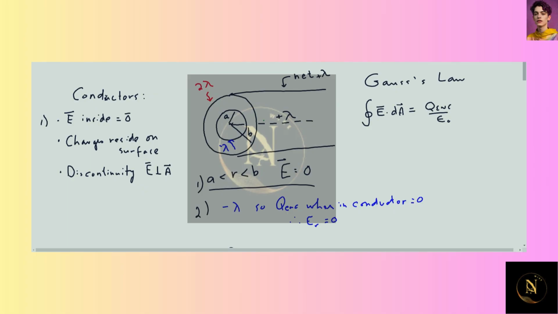It looks like a little cylinder with radius little r and length L. Okay, so it's a little cylindrical surface. I'm not very good at my drawing, but that's an imaginary Gaussian surface, which is just there to help us imagine the electric field.